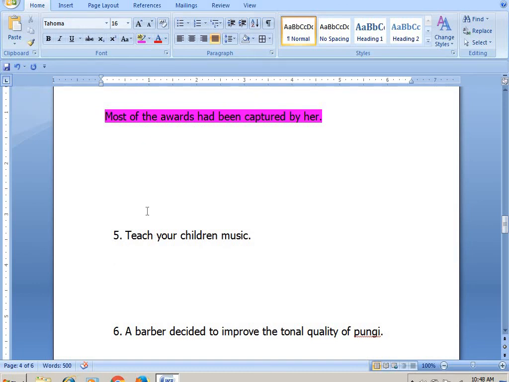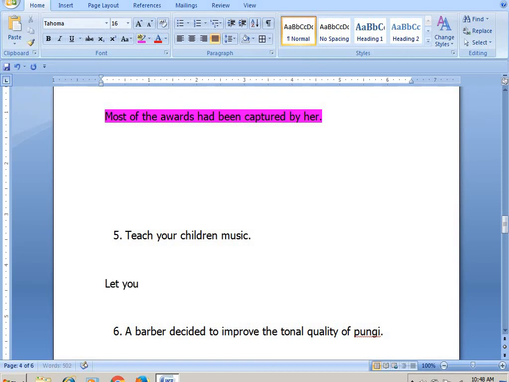Now let's see who is able to do the fifth one. Teach your children music. I had told you in the previous class how it would be. Now, your children music is the object over here. The subject is not mentioned over here. Teach is the predicate. So, how will you begin this answer?